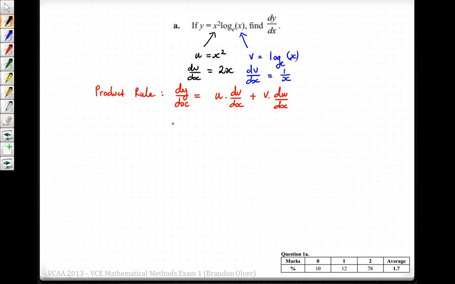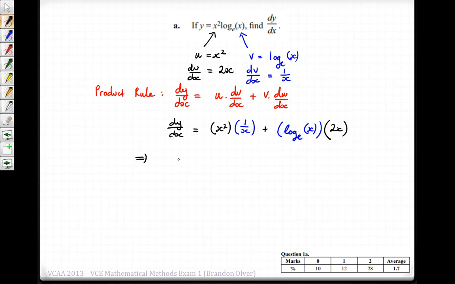So therefore, dy dx equals, so u is x squared times dv dx, which is 1 on x, and we add on to that v, which is log e of x, times du dx, which is 2x.